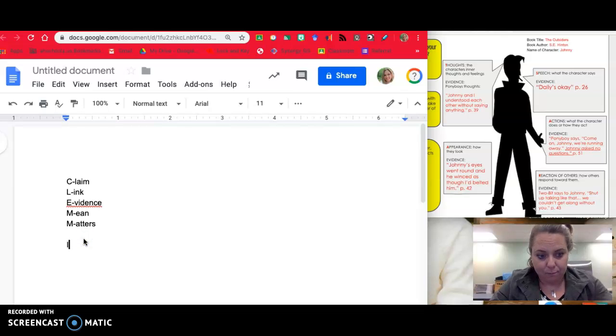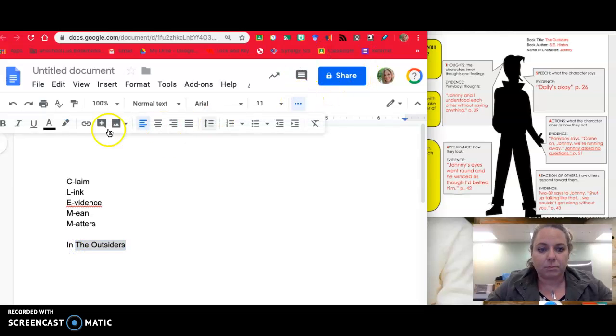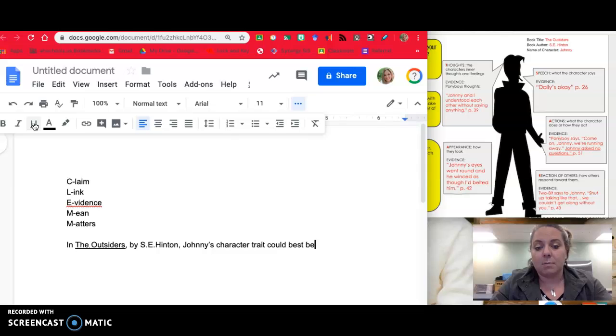I'm going to say, in The Outsiders, which gets underlined because it's a book title, oops, I don't want that underlined, by S.E. Hinton, Johnny's character trait could best be described as loyal.